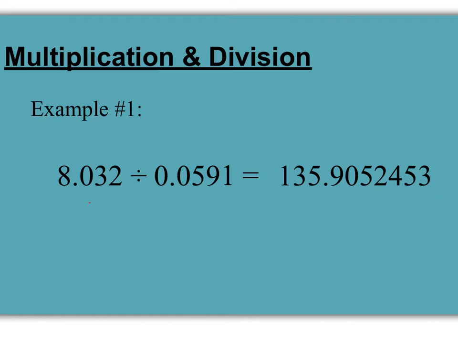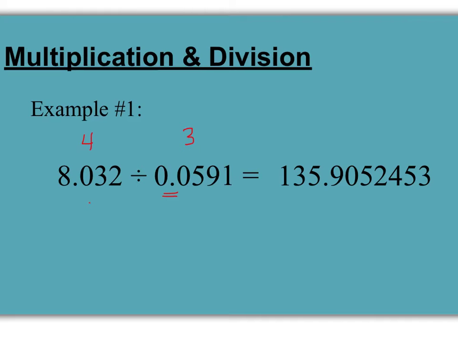135.9052453. So to understand how to round off this answer, what you want to do is count the total number of significant digits in each one of the numbers in your problem. 8.032 has a total of 4 significant digits. And 0.0591 has a total of only 3 significant digits. Remember, these zeros here are not significant because they're just decimal placeholders.